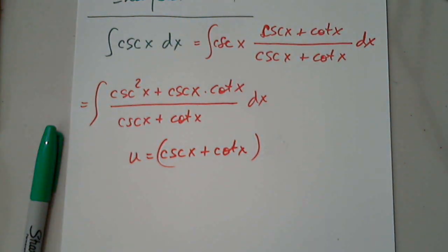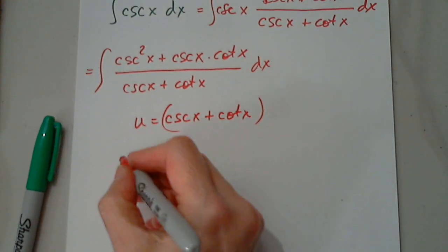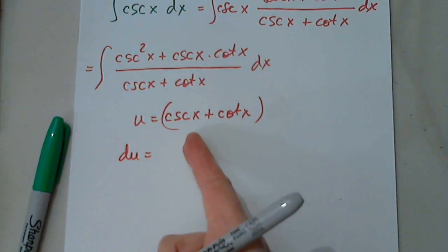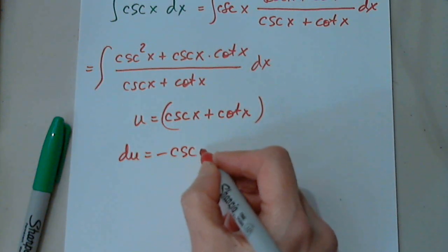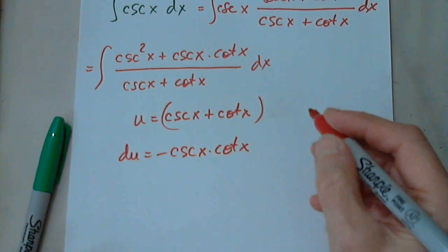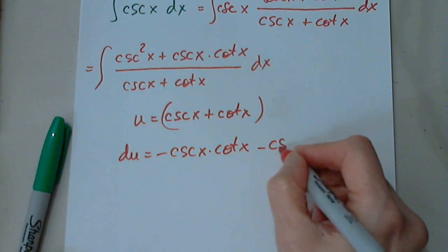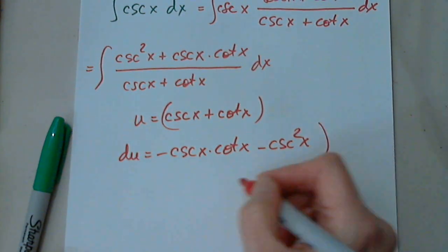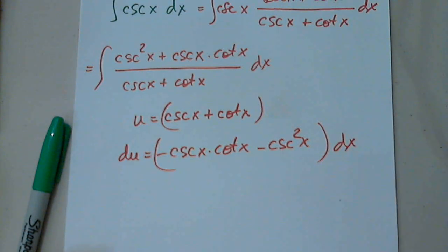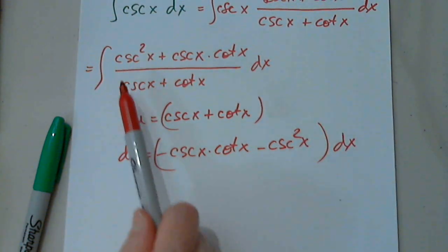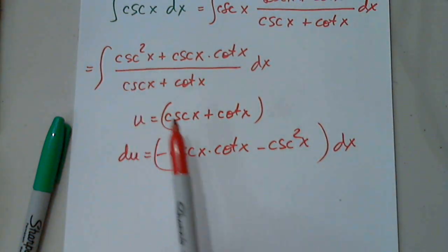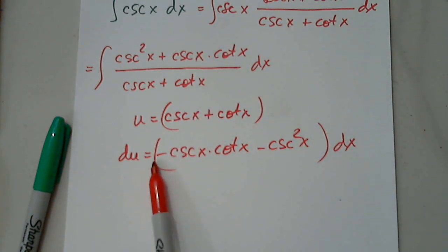Okay. Now du. Cosecant prime is negative cosecant x cotangent x, and cotangent prime is negative cosecant squared x, of course, times dx. And you can notice now that this is the same quantity but with minus, and this is the same quantity with minus.